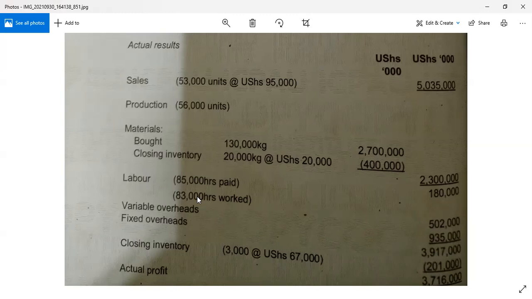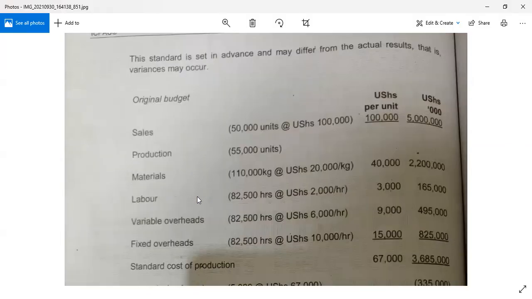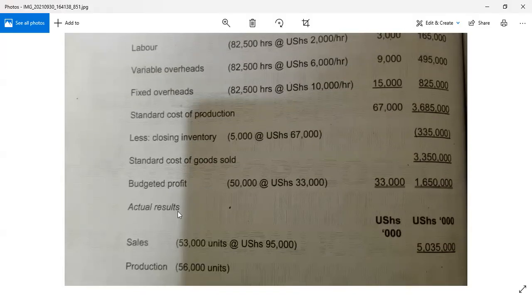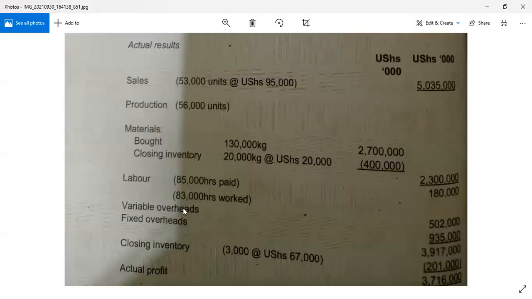So we can be able to use that to determine the variable overhead efficiency variance, okay? Remember here, they have not given us the hours, but these variable overheads work hand in hand with the labor, okay? So if this is the 83,000 that worked, it is the same hours that we shall use when it comes to the variable overheads.